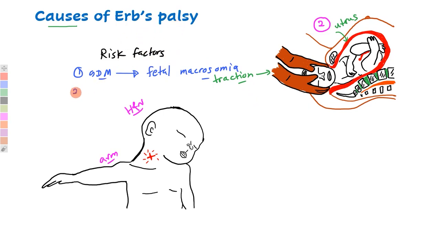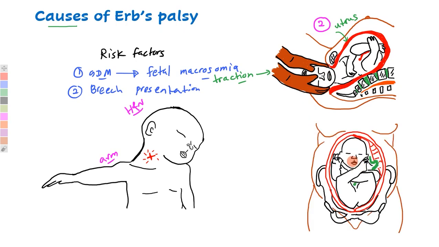The second risk factor is breech presentation. What is a breech presentation? Normally when the babies are delivered vaginally, they are in a longitudinal lie and the fetal head will be facing the vagina. So, the fetal head is called the presenting part that is facing the vagina.